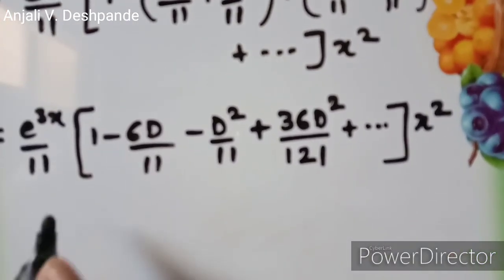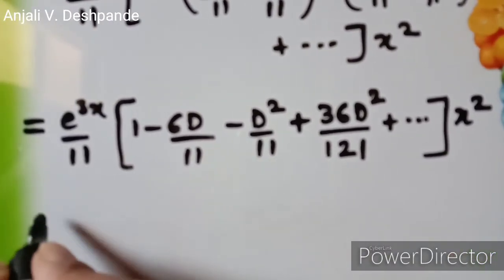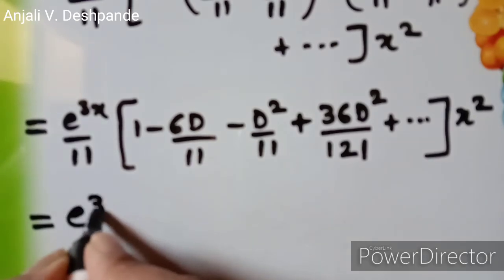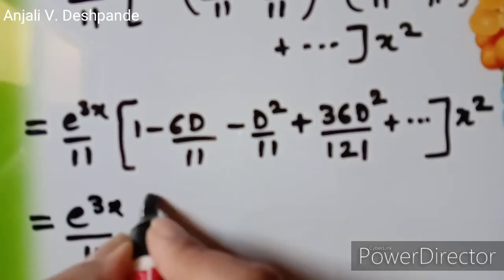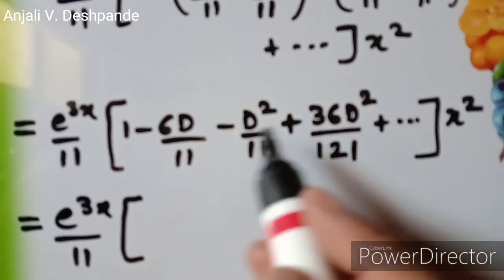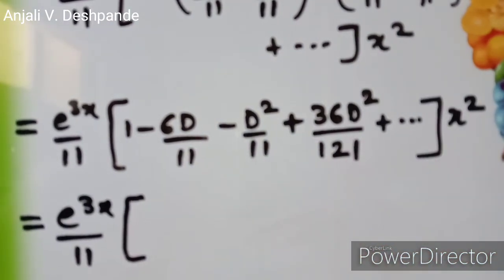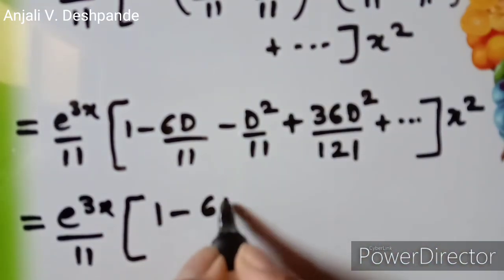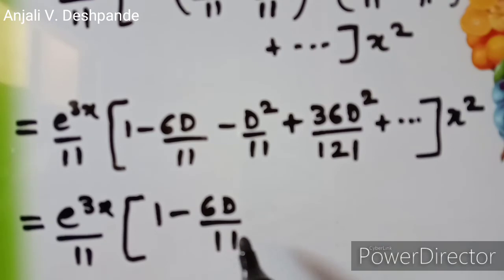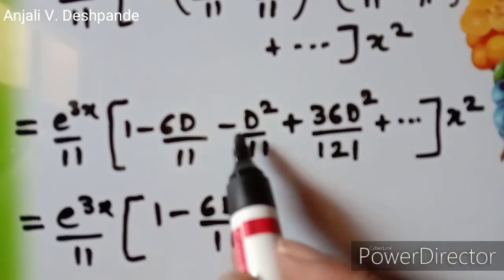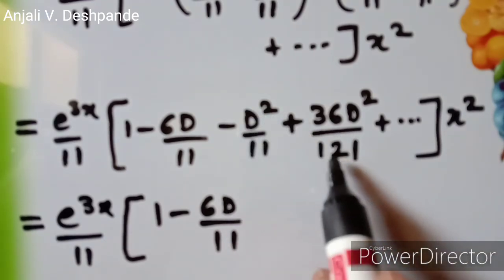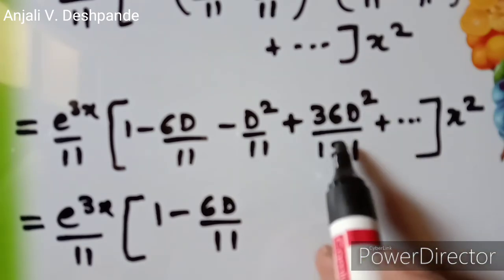Now we will further continue by operating. So this is equal to e raised to 3x divided by 11. Now we are operating this on x square inside the bracket. So just one more simplification I will do, because this is D square and D square. So 1 minus 6D divided by 11, and this one, minus D square by 11 plus 36D square upon 121.